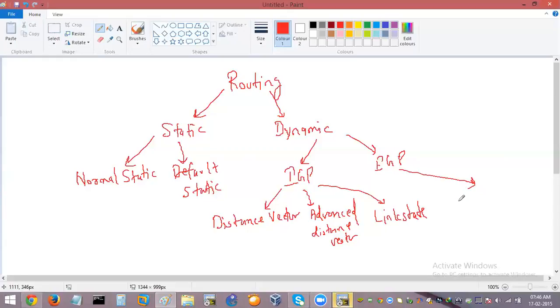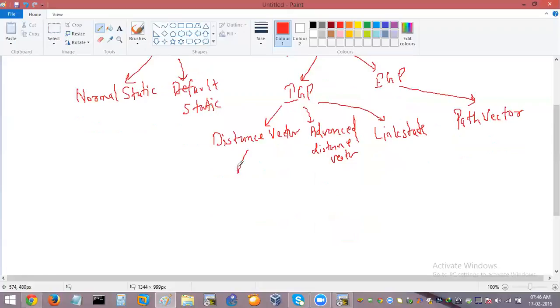In EGP, we have path vector protocols. Under distance vector, we have RIP. Under advanced distance vector, we are going to study EIGRP. Under link state, we are going to learn OSPF, and under path vector, we are going to learn BGP.